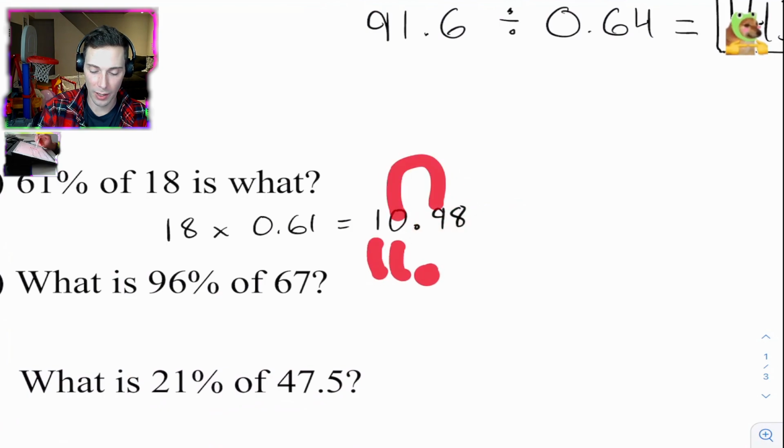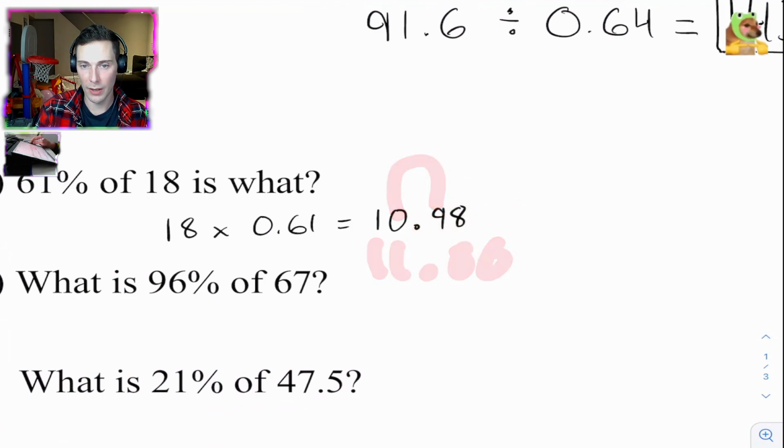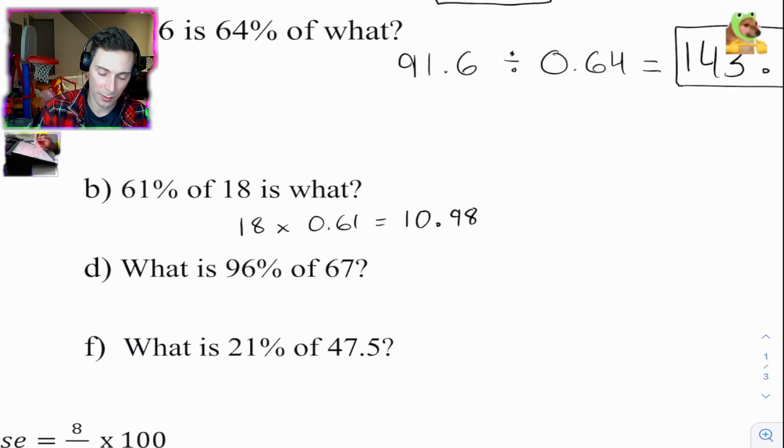This would probably round up to 11, but I'm going to leave it there and just understand that my answer is rounded off a little bit.